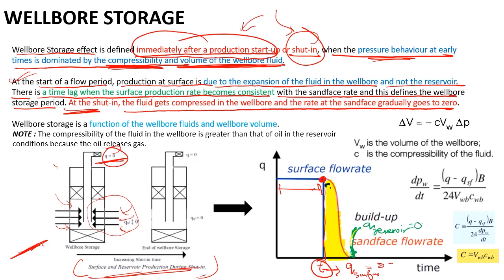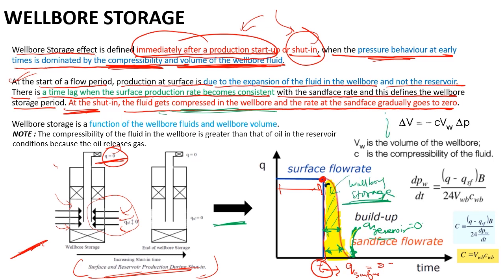That means for some period of time I will still get flow from the reservoir into the wellbore. This is because of the compressibility of the fluid and the volume of the wellbore. So this is the case where I have gone for a shut-in, and for a very small time after the shut-in this particular case will be obtained.